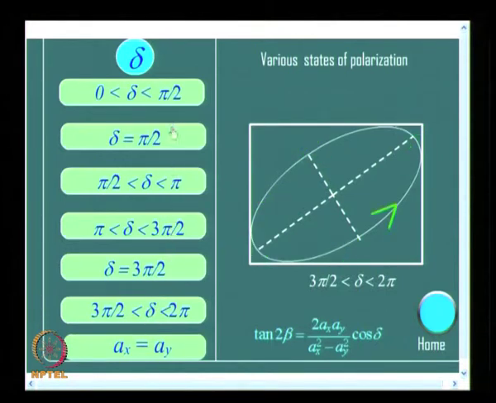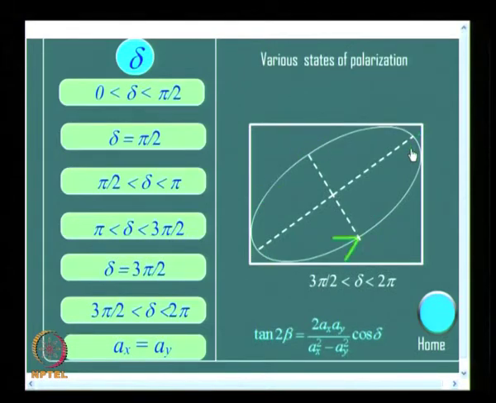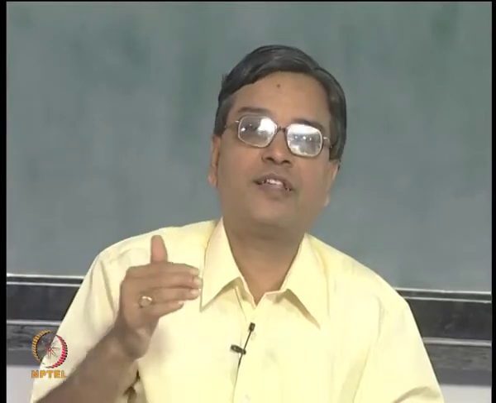So, this gives you a hope to use light as a sensor, because essentially I will find out what happens to the exit light. With the exit light I will go back and find out what was the delta that has caused. Now, we will relate delta to sigma 1 minus sigma 2 later. That is how we will merge physics and stress analysis.